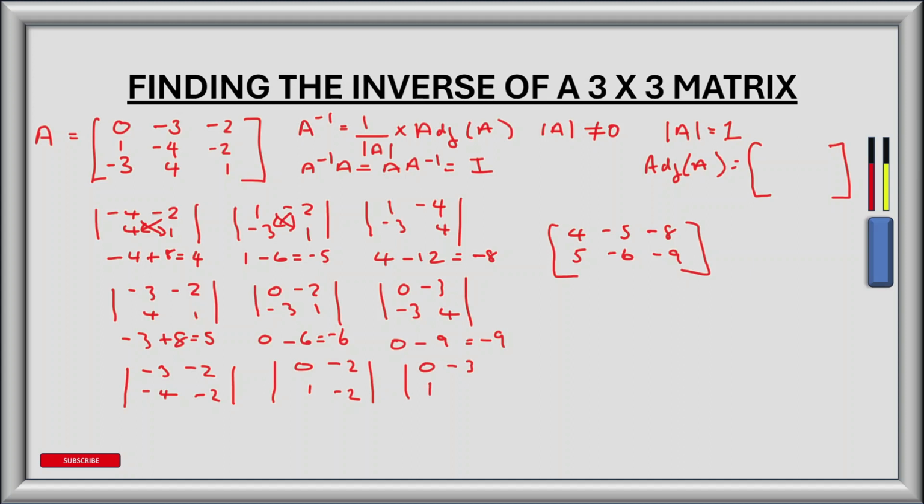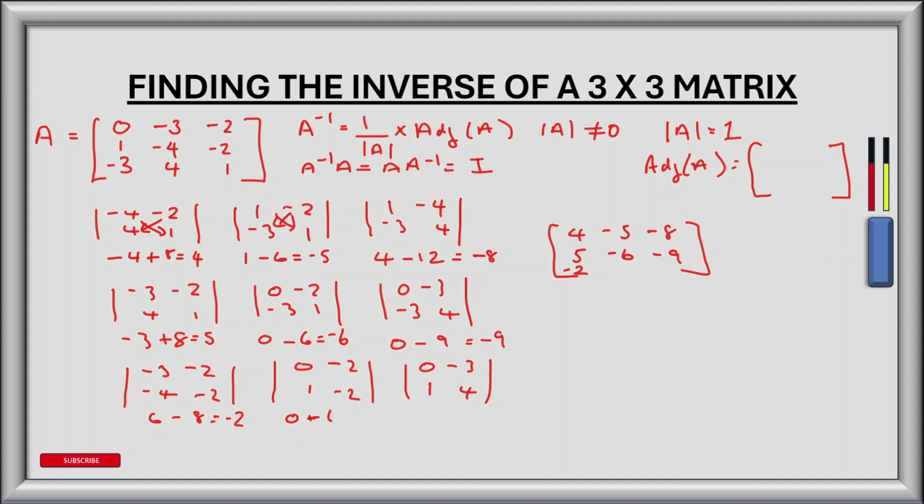1, and 4. So calculating these determinants, we have -3 times -2, which is 6, and then -4 times -2, that's 6 minus 8, which is -2. So we can put this value in here, -2. 0 times -2 is 0, and then we have -2, 0, minus -2 becomes a plus.